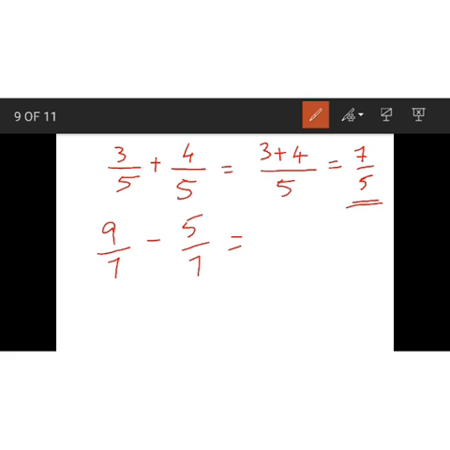Here both the denominators are 7. So keep the denominator there itself and then subtract the numerators, 9 minus 5. So we will get the answer as 4 by 7. This is how we do addition and subtraction of fractions with the same denominators.